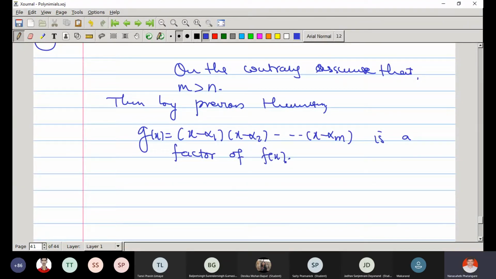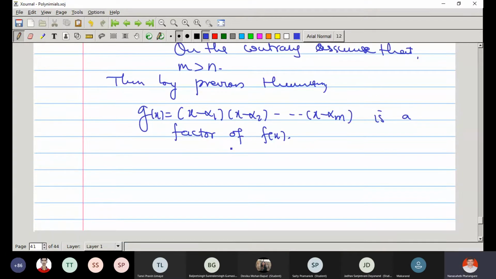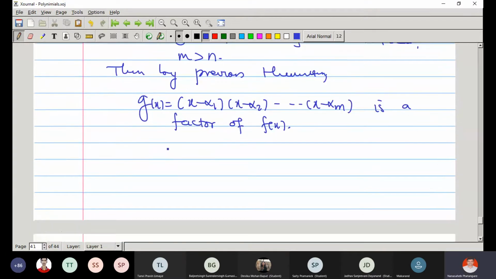Therefore, f(x) is equal to g(x) times some h(x) in R[x]. Is it clear?